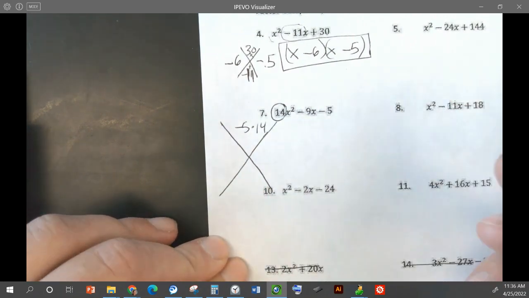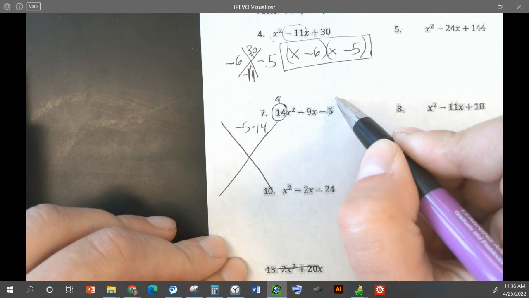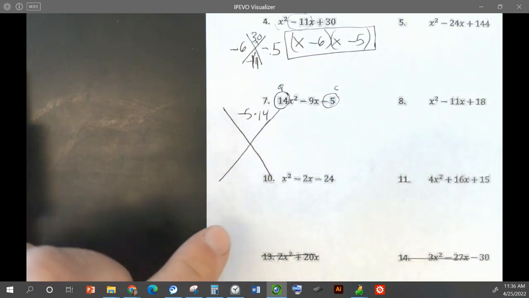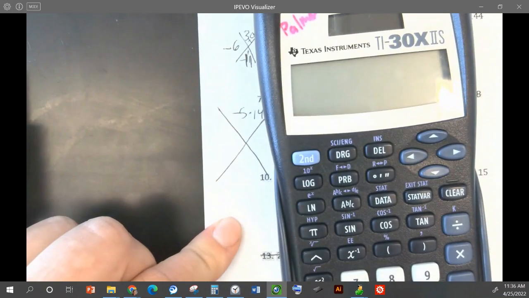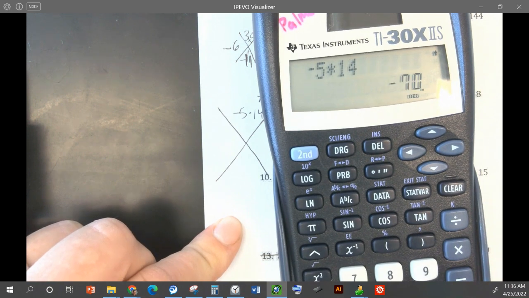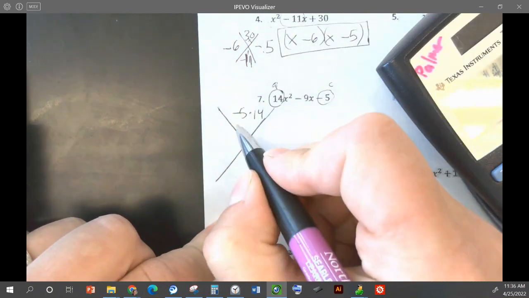Negative 5 times 14. Good, so we have a times c. That goes on the top. What is negative 5 times 14? Negative 70. So negative 70.